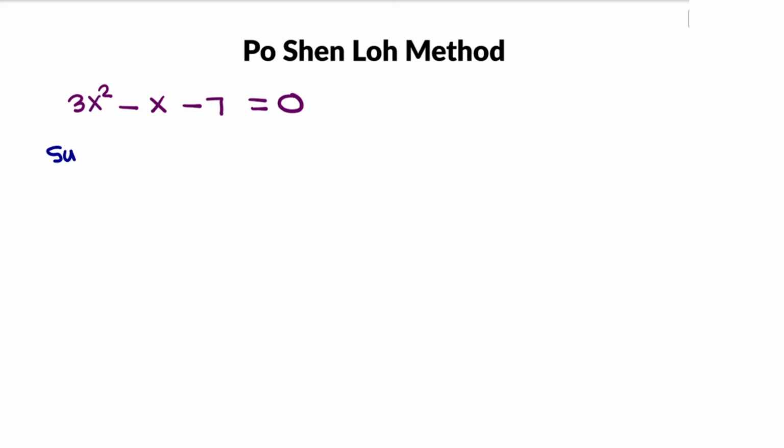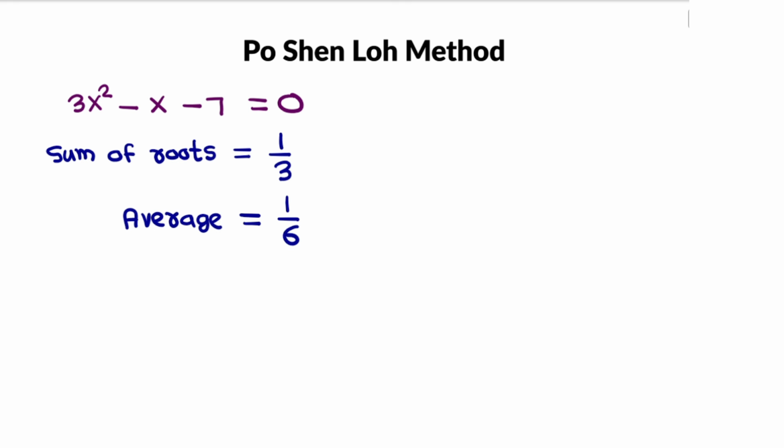Now, the sum of the roots is 1 over 3. So the average becomes 1 over 6. That means the roots are 1 over 6 minus u and 1 over 6 plus u.